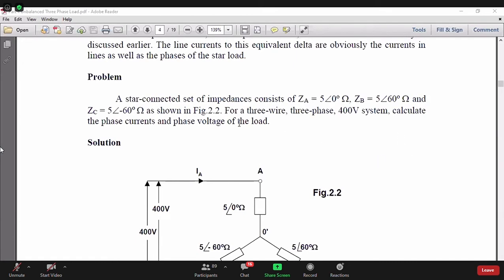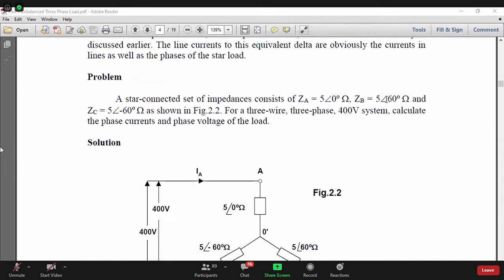But first point, ZA, ZB, ZC, they are all 5 ohm. Then why am I saying it's an unbalanced load? Because of the angle. Because ZA is 5 angle 0 degree. What does it mean? That it's a resistance. There is no reactance. ZB is 5 angle plus 60 degree.